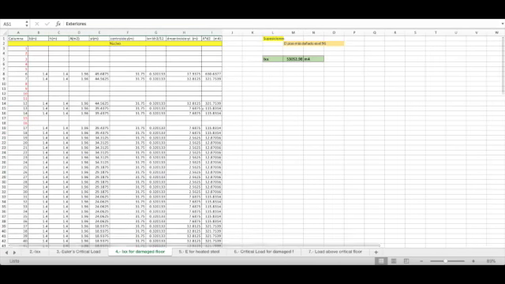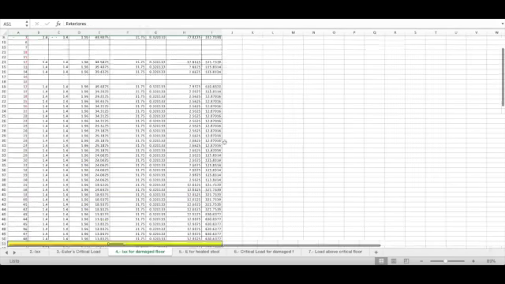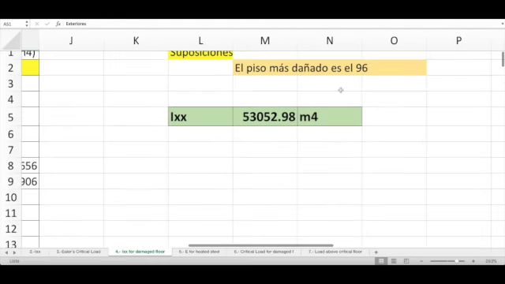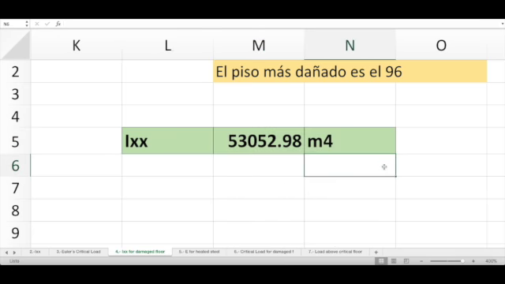From the elimination of these columns, we'll calculate the moment of inertia as we did previously, resulting in 53,052.98.